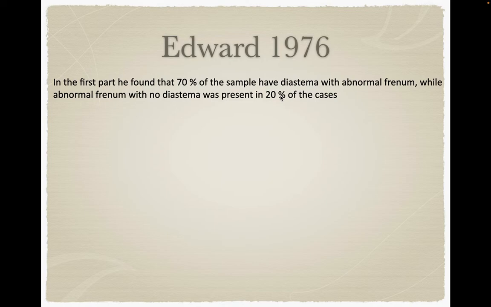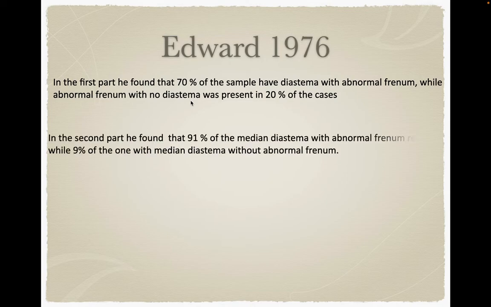What does that mean? It means there is a higher concordance or higher incidence that when a patient has a high frenal attachment, he will have a median diastema. It's 70%. However, that's not necessary, because in 20% of the cases, they have a high frenal attachment or a prominent frenum, but they don't have a median diastema.